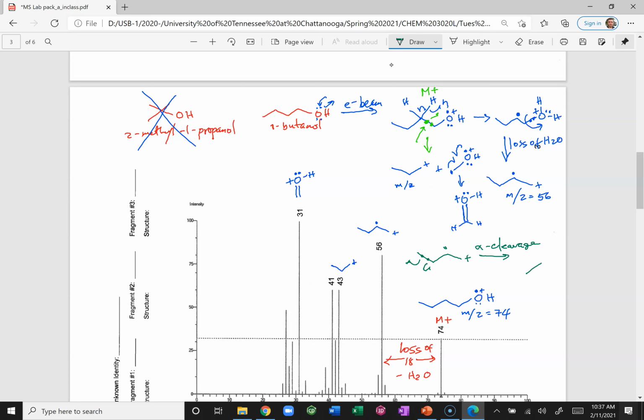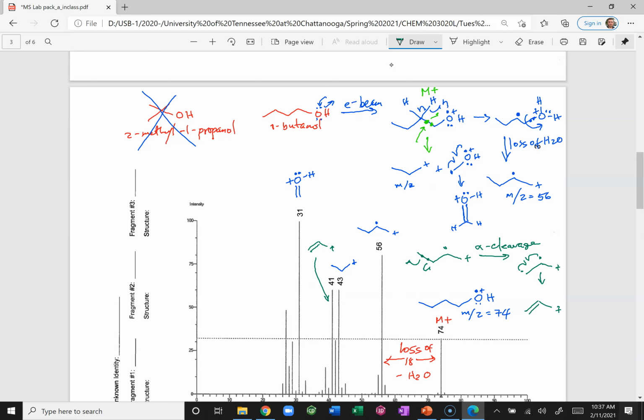Alpha cleavage gives you this. And then these two will merge and you make this beautiful thing. This one is that. All right, so we have plenty of ions here.